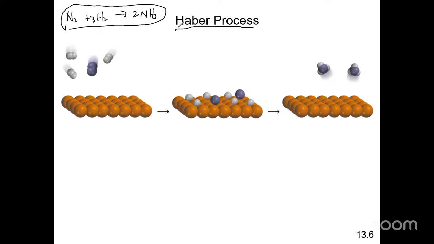His work was important back in World War I because at the time, he was a German chemist, by the way. At the time, they needed fertilizers to grow crops and so on, and they also needed ammonia to make explosives for the war effort.